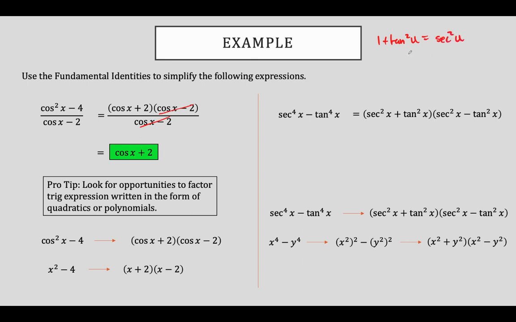Well, we can manipulate this equation and subtract tangent squared u from both sides of the equation, giving us 1 is equal to secant squared u minus tangent squared u, meaning that this entire portion of the expression actually turns into 1. And 1 times secant squared x plus tangent squared x leaves me with secant squared x plus tangent squared x.